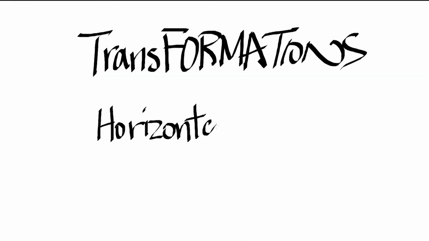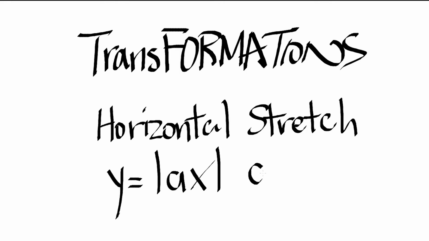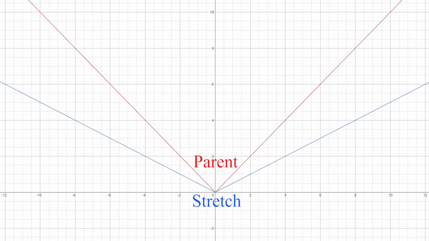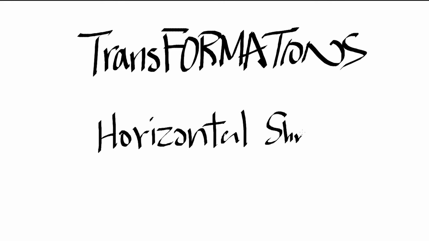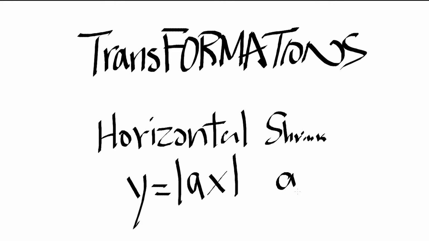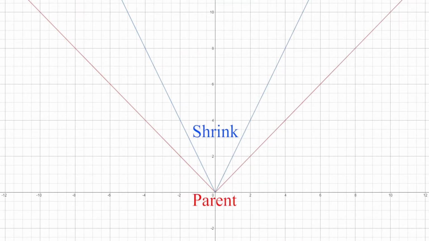Horizontal stretch, y equals the absolute value of n times x when n is less than 1. Horizontal shrink, y equals the absolute value of n times x when n is greater than 1.